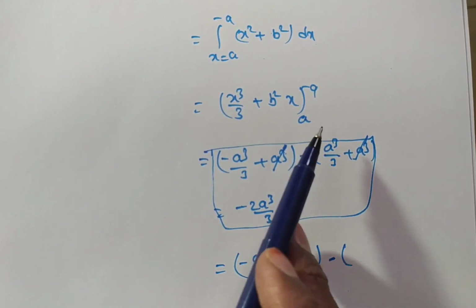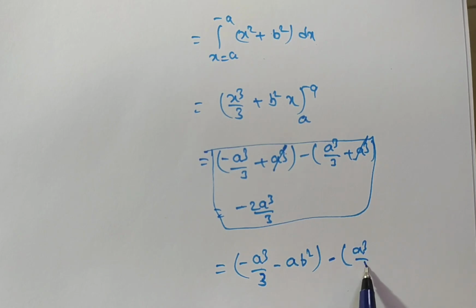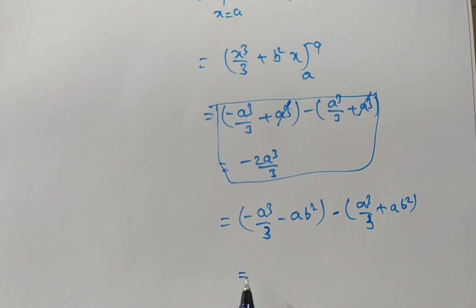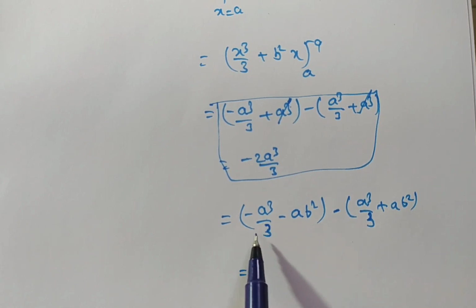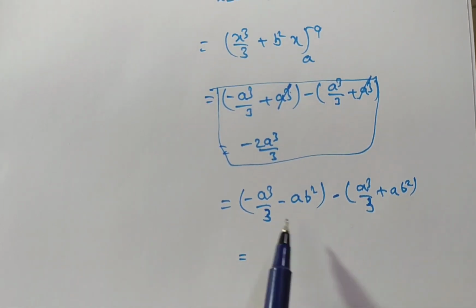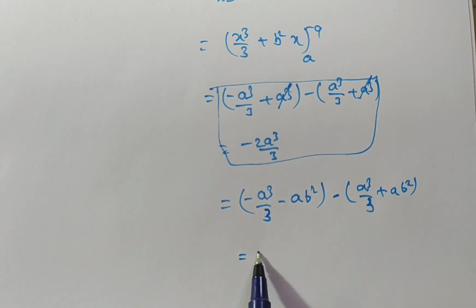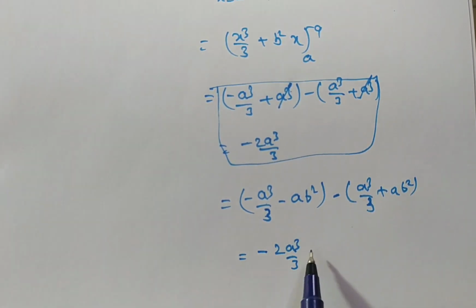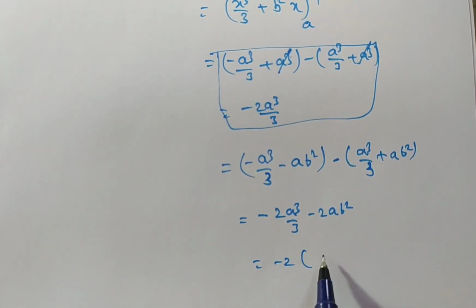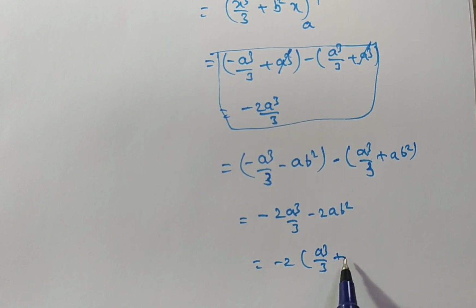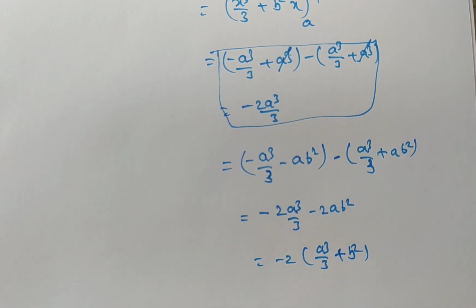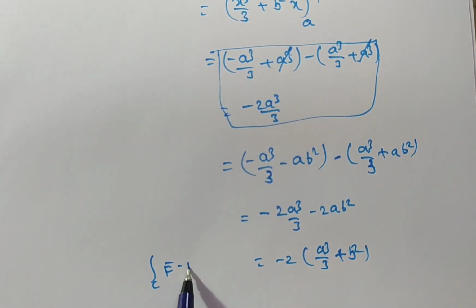Minus the lower limit, a cube by 3 plus a b square. That's it. Now in this case, if you take minus in common, these two terms will be the same. You see, minus a cube by 3 minus a cube by 3, so minus 2a cube by 3. Minus a b square minus a b square, minus 2a b square. So minus 2 is common, then you will have a cube by 3 plus a b square. This is the integral along C2 of f bar dot dr bar, which is over.